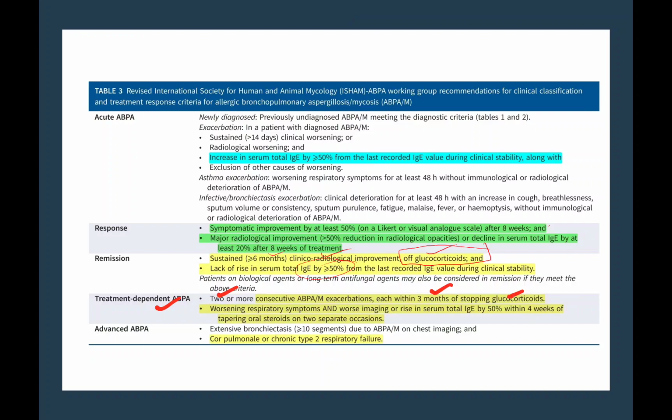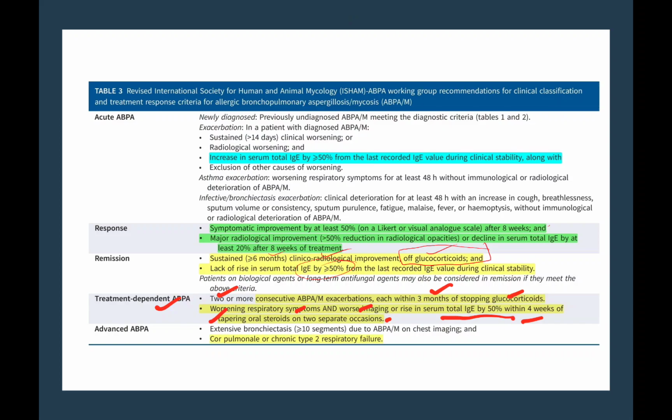And for that, whenever there is worsening of symptoms and worsening of radiology and rise in serum total IgE by 50% while we are trying to taper the steroid on 2 separate occasions. So there are 2 definitions.